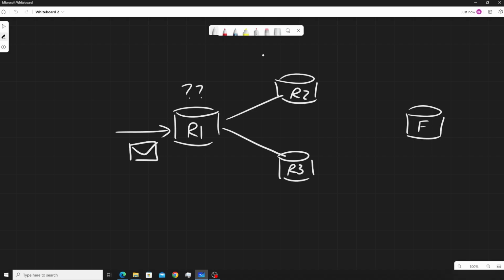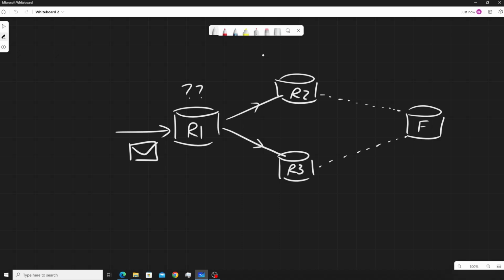And let's say that both R2 and R3 eventually connect to F. There might be 5 routers in the middle over here, 4 routers over here, but they're high speed. So the question really is, how does R1 decide between sending the message to R2 and to R3? That's what we skipped over last class.